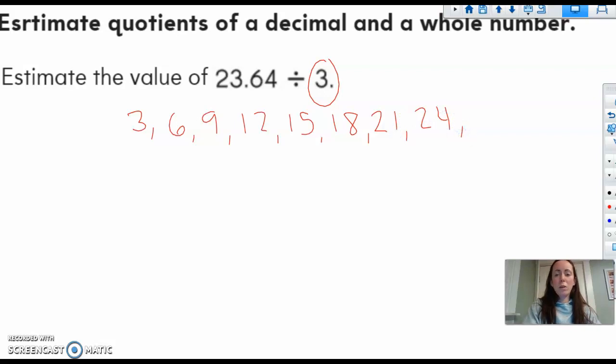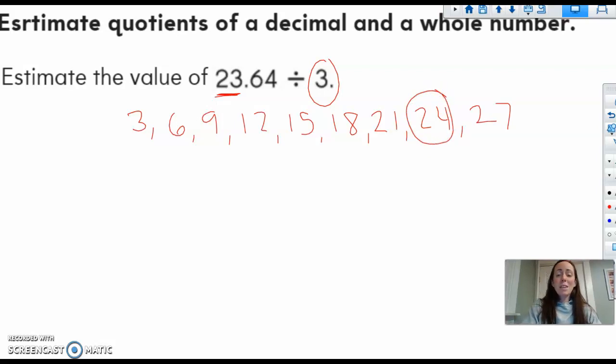I'll do one more, 27. And my goal is I want to choose a multiple that is closest to my whole number. Okay, so I want to find a multiple of 3 that's closest to that 23. So I'm going to look, and I see 21's close, but 24 is definitely our closest. That's only one place away.